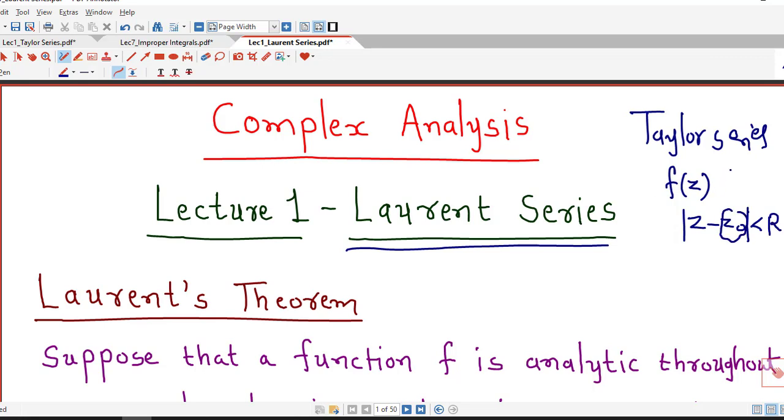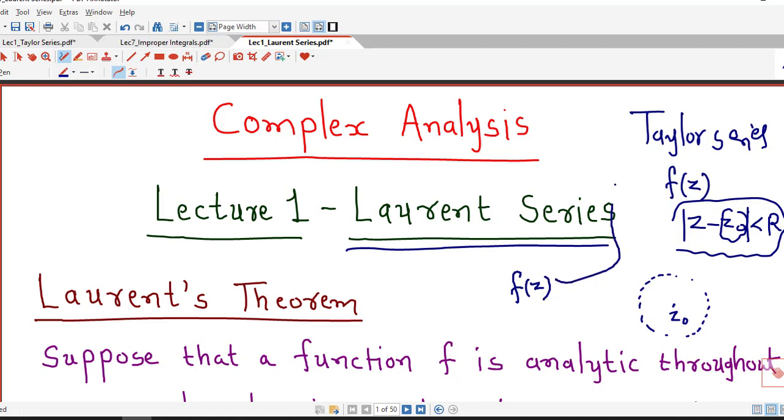So if your function is not analytic in the open disk with center z0, then we cannot represent our function f of z as a Taylor series with center z0. So in that case the role of Laurent series arises.